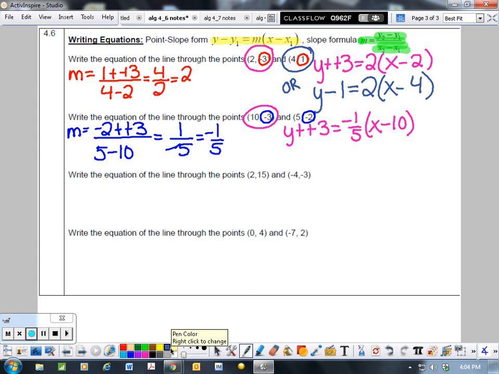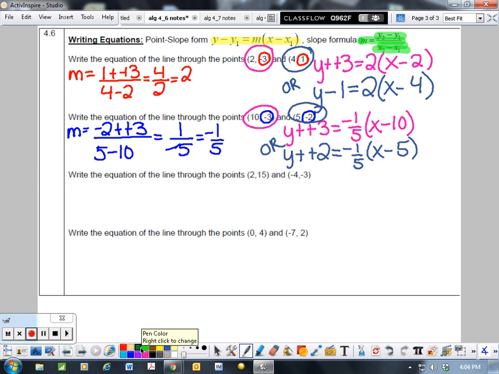Or I could go to the second one, and I can write my equation with that point. So y minus the y value of my point equals my slope times x minus the x value of my point. Take care of my double negatives, and I've shown my two options.